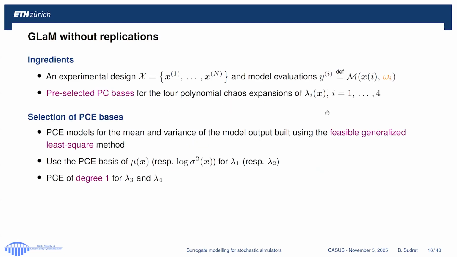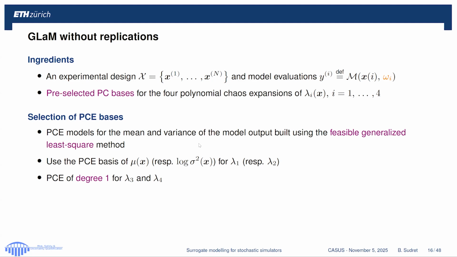To do this, we based our development on the idea that lambda 1 and lambda 2, as parameters of the lambda distributions, have a meaning. Lambda 1 is more or less the mean value of the distribution, and lambda 2 is more or less the variance. So if we are able to find surrogate models for the mean and variance as functions of x, then we can use those bases for lambda 1 and lambda 2.